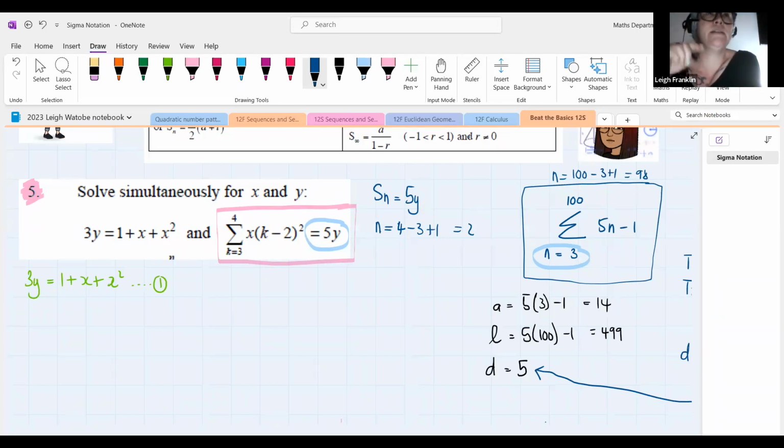Remember, what does the k equals 3 at the bottom represent, Matrix? It represents where we start subbing in, doesn't it? Okay, so that represents where we start subbing in. So you've got x brackets, k minus 2, we're going to start subbing in at 3.